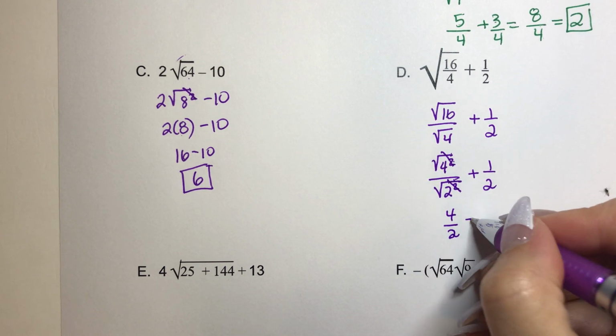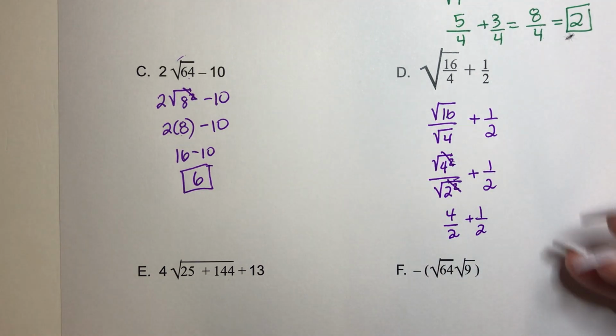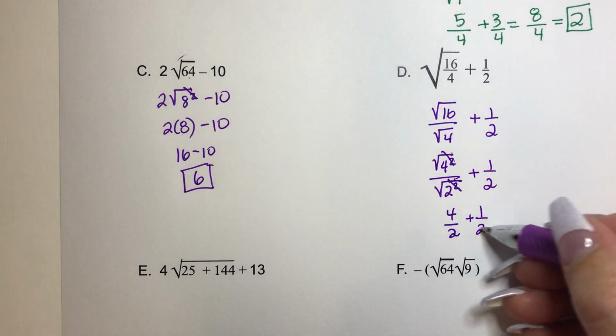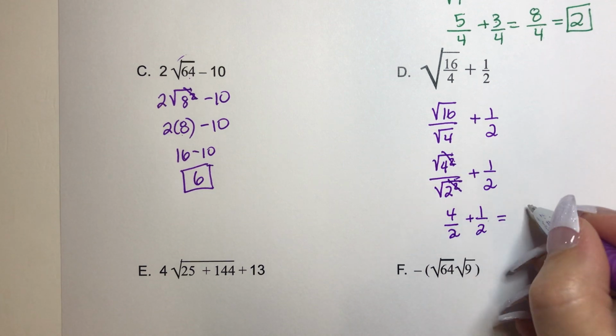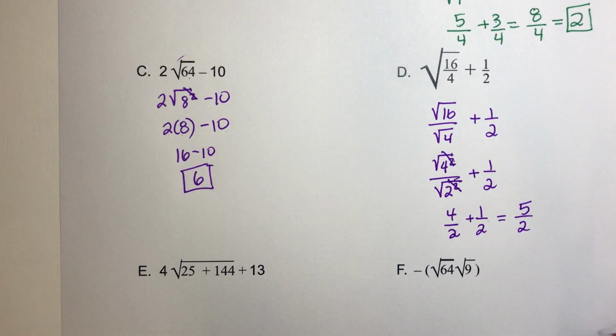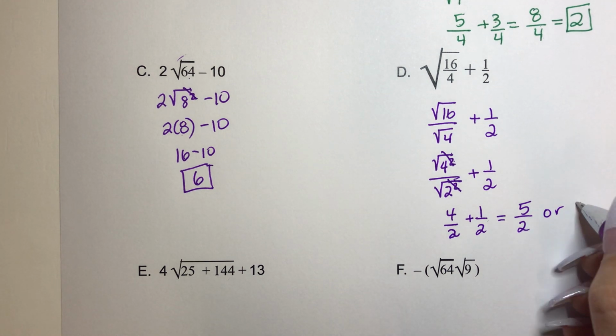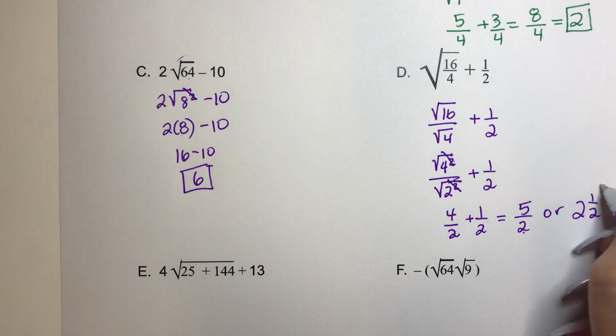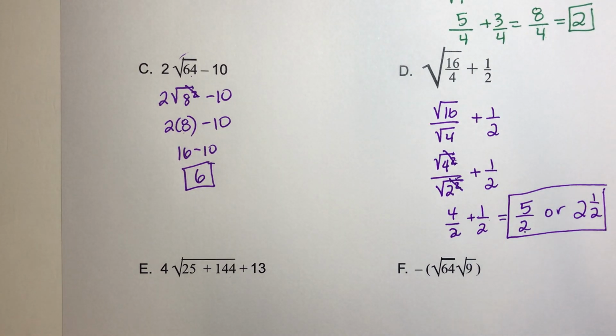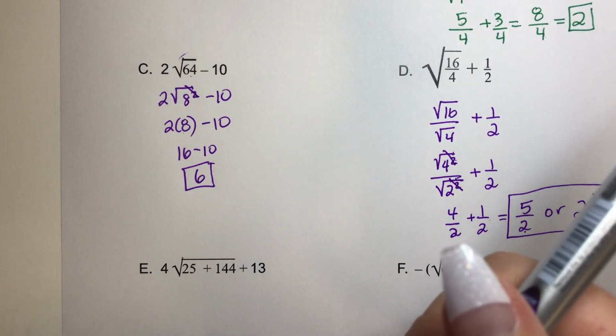We're left with 2. We have a common denominator of 2, right? Which means we can just add the numbers on top. 4 plus 1 is 5 over 2. So that would be the improper fraction, or the mixed number would be 2 and 1/2, because 2 goes into 5 2 times with 1 left over, right? And there we have it. So if you got both of those right, great job.